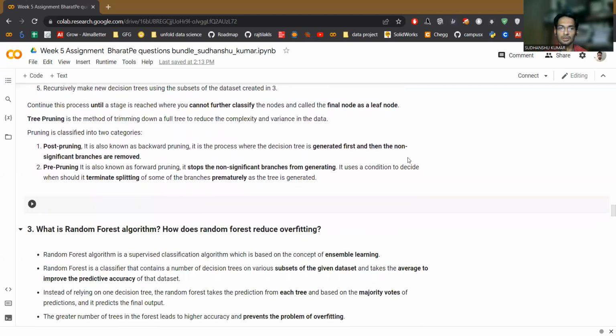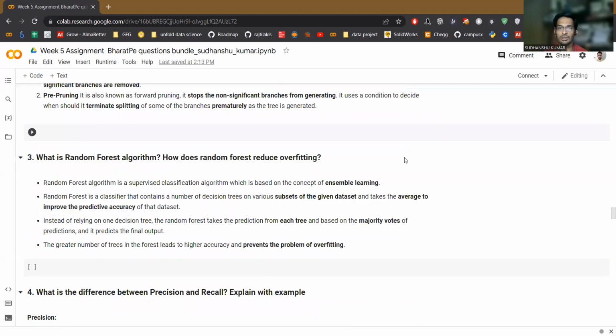Now moving to the next question. What is the random forest algorithm and how does a random forest reduce overfitting? Random forest is basically a supervised machine learning algorithm which is based on the concept of ensemble learning. A random forest classifier contains a number of decision trees on various subsets of the given data set and takes the average to improve the predictive accuracy of the data set.